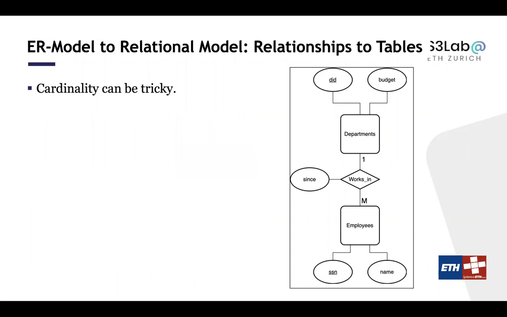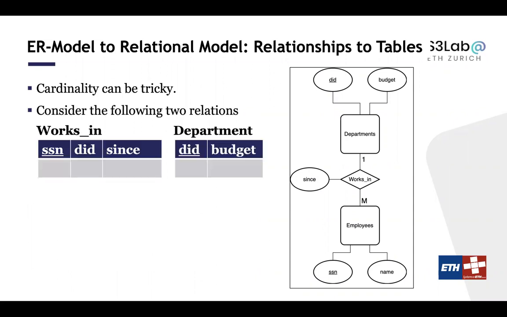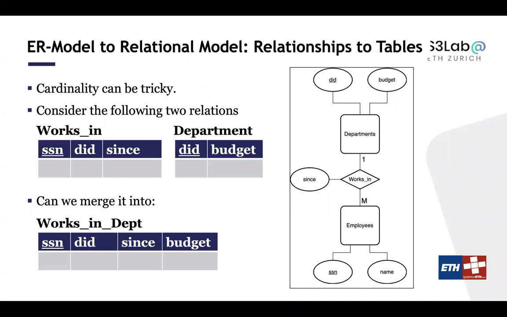So again, the same conceptual model, but let's consider the works-in relation and also the department relation, whether you can actually merge them or not. In this case, as you can see, merging them in most of the cases doesn't really make much sense because they have different primary keys. The works-in relation has a primary key as social security number, and the department relation has a primary key as department ID.